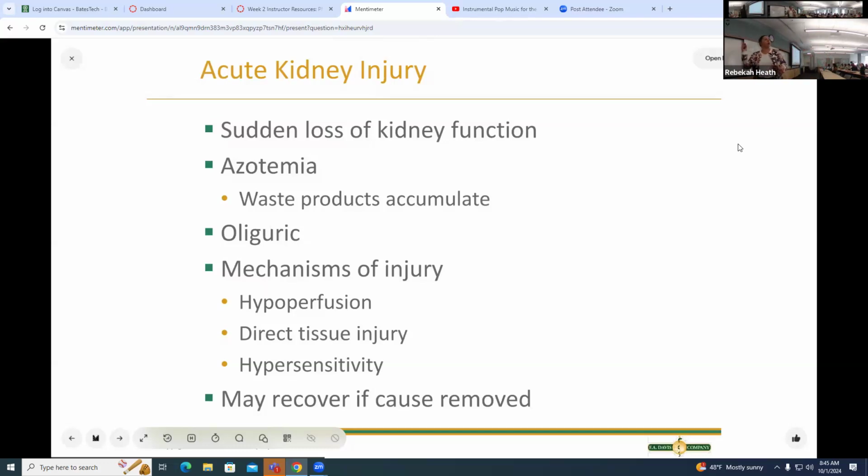You're like, oh wow, what is going on with this person? They're oliguric, which we talked about. And we talked about the mechanism of injury: it might be that there's not enough perfusion, not enough blood flow. There might have been an injury, maybe a sensitivity to something. If we can figure out the cause and reverse it, then their kidney can go back to normal and they can have regular function.